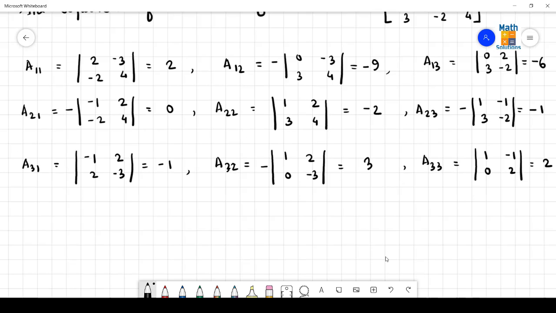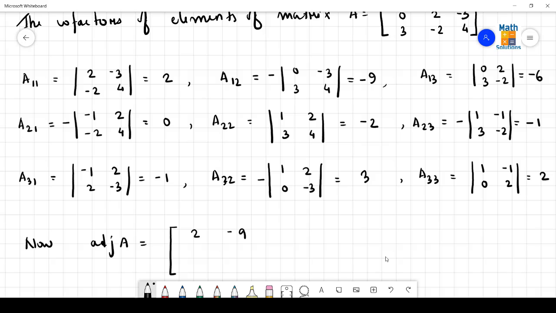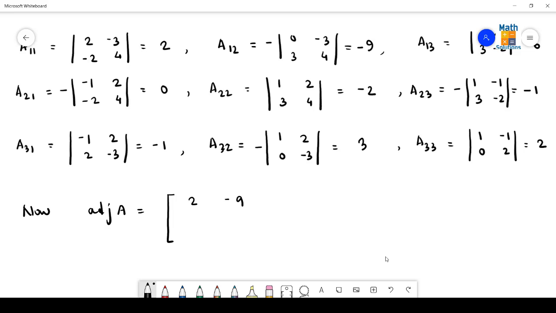So I shall construct the adjoint now. Adjoint of A is equal to this cofactor matrix. I have to write 2, minus 9, then minus 6, then 0, minus 2, minus 1, then minus 1, 3, 2.